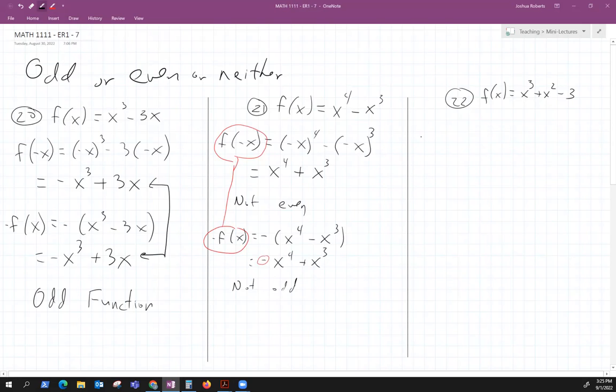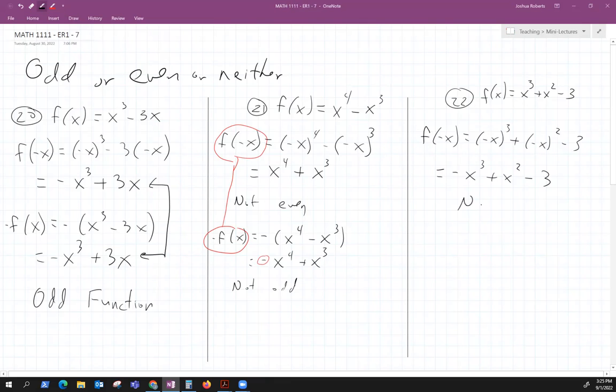Last one, let's look at f of negative x. This will be negative x cubed plus negative x squared minus 3. This is going to give us negative x to the third because it's raised to an odd power, plus x squared, it's raised to an even power, minus 3. Again, this is not the same thing as f of x.